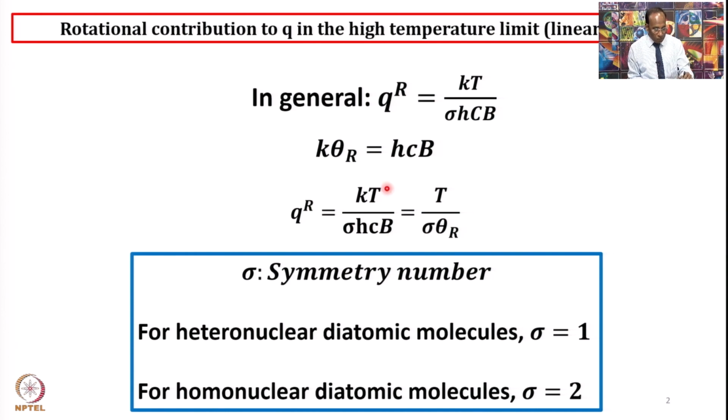If we express it in terms of rotational temperature, where hCb upon k is equal to theta r, you can also write the rotational contribution for a linear rotor as T by sigma into theta r. Whether you use this equation or that equation, it essentially means the same thing.